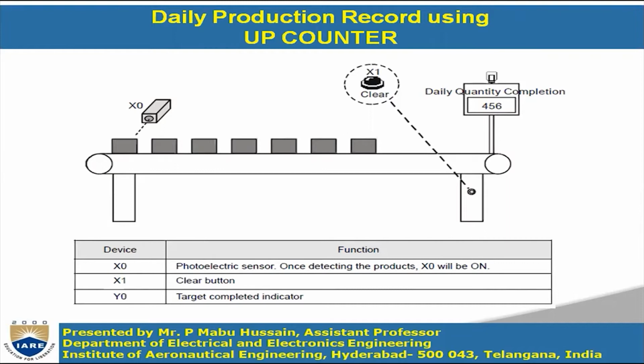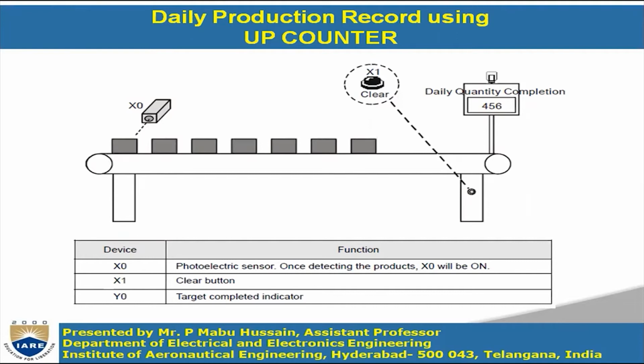They will count these products by using one sensor, and the products are moving on the conveyor. Whenever the sensor detects a product, the counter will count up by one. Initially the counter value is 0.